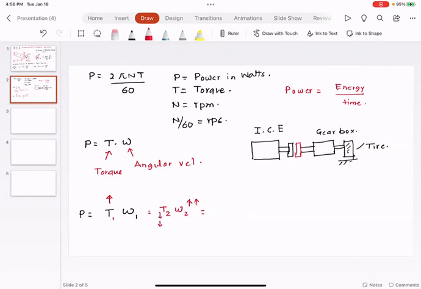Everyone understood this? So this changes in the power transmission, changing the characteristics of torque and speed is achieved by means of gears. And we are going to talk about the gears, but the idea here is the gear design is based on the principles of torque transmission. Everyone understood this?